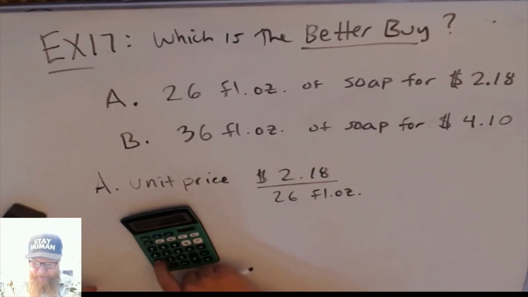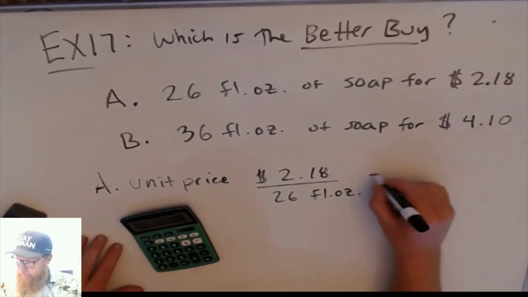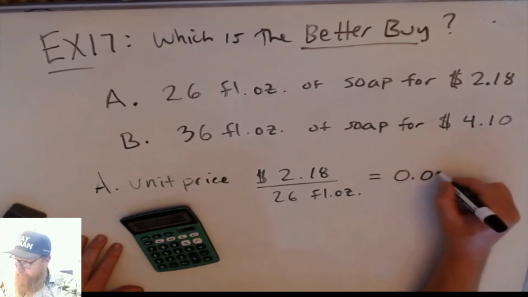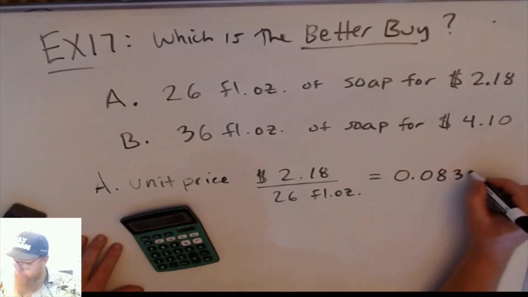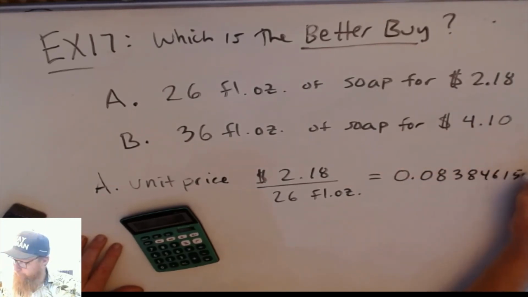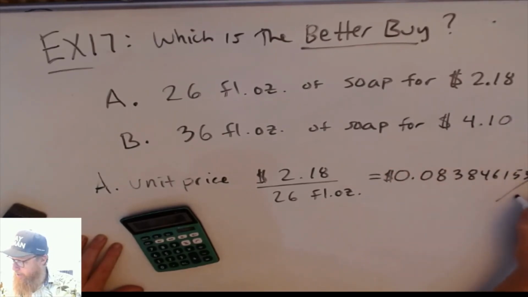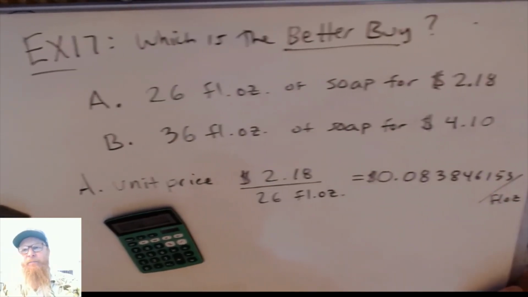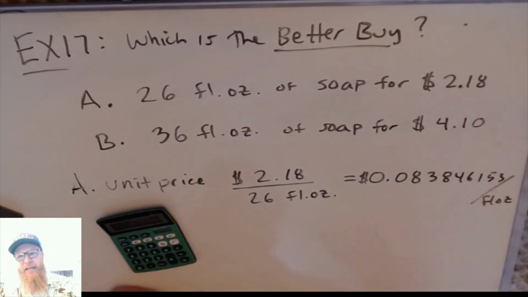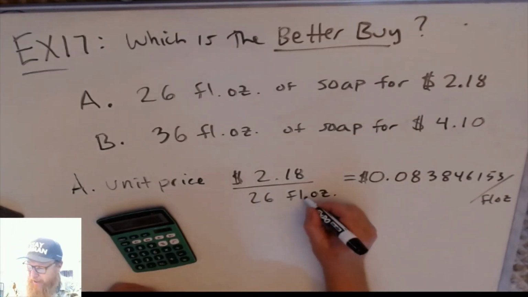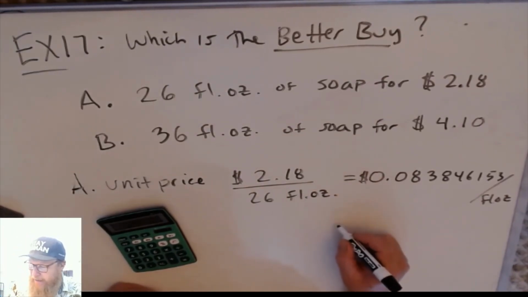So that's 218 divided by 26. So this is dollars per fluid ounce, FLOZ. There are some dots there, but when you're just writing fast, you could do that.